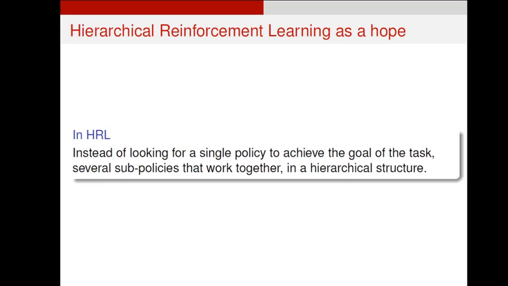So instead of looking for a common policy that will satisfy all the states, we divide the entire state space into small subspaces, and we divide the goal into sub-goals or sub-policies, and the agent will move from one state to the end state according to these sub-policies on different levels hierarchically. So the task can be divided into sub-tasks and conquered, like the divide and conquer rule. That is the advantage of using hierarchical reinforcement learning.